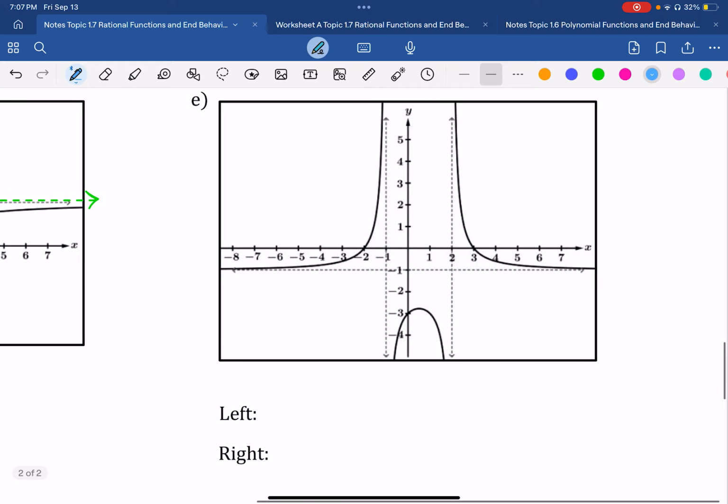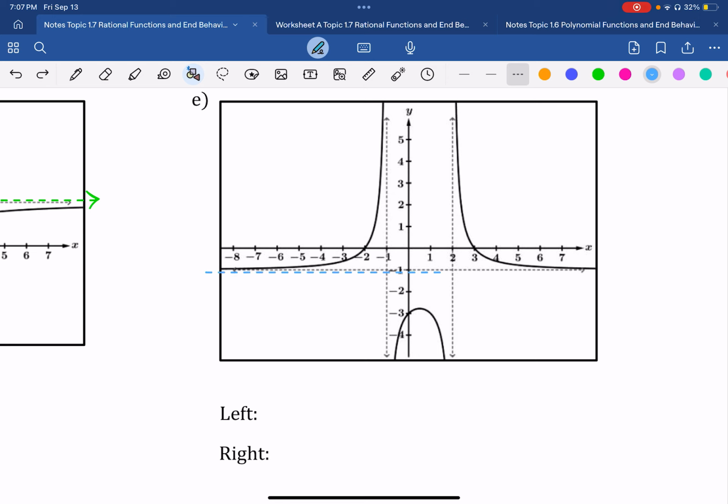Okay, for letter E, I see the horizontal asymptote right here. Now you don't want to confuse it with the vertical asymptotes. We'll get to that eventually, but right now we're just looking at the horizontal asymptote, and this one is at y equals negative 1.